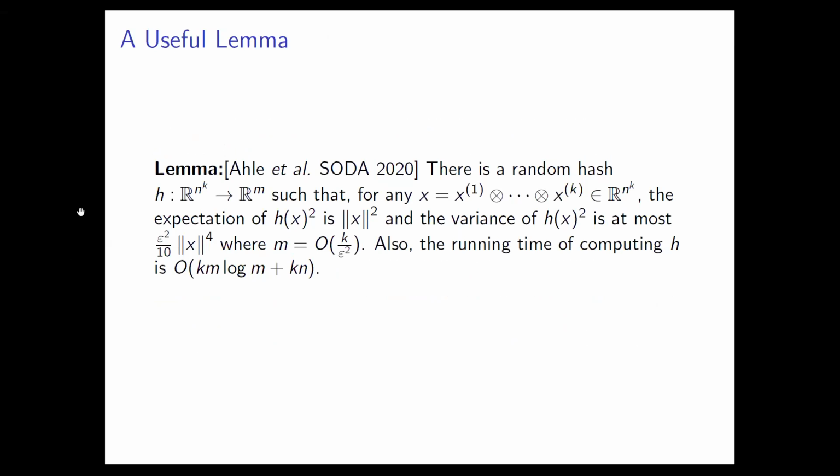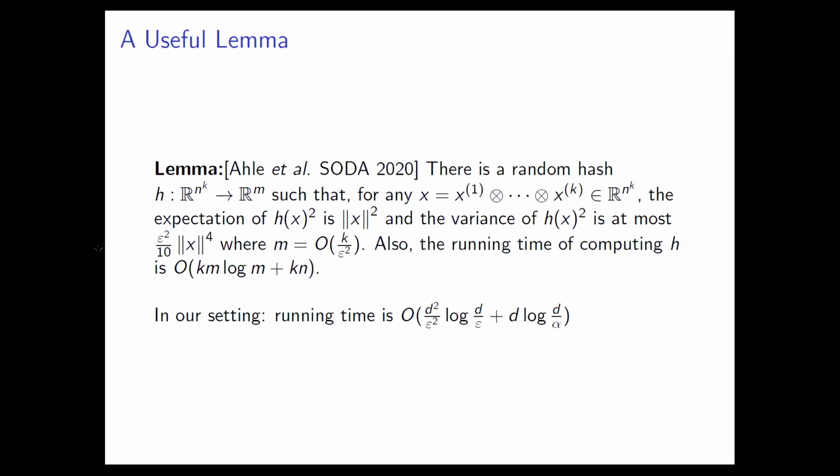It says that we can construct a random hash function from n to the power k dimensional space to m dimensional space, such that the expectation of hx squared is norm x squared, and the variance of hx squared is epsilon squared by 10 times norm x to the power 4. Of course, we can compute hx fast. So basically, this lemma is Count Sketch. But the only difference here is this lemma takes an input that has underlying structure of Kronecker product.